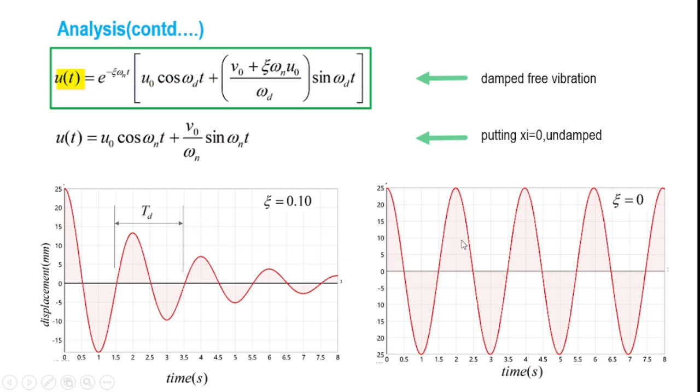So on comparison of the two, we find that this represents a practical system. That means every system will have some amount of inherent damping, which makes the amplitude of vibration decay with time, and after some time we find that the amplitude reduces to 0, right?